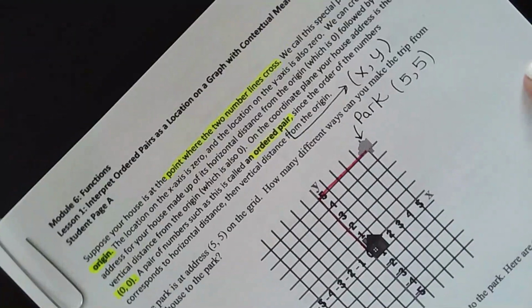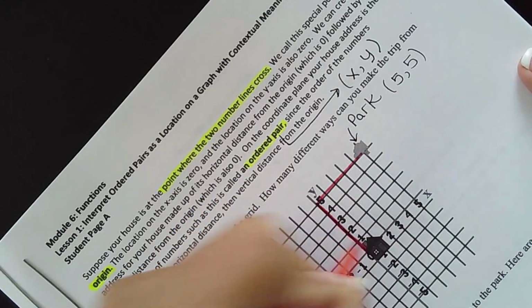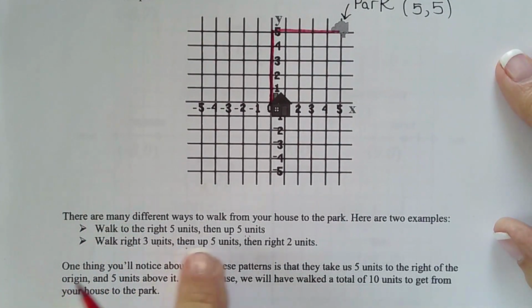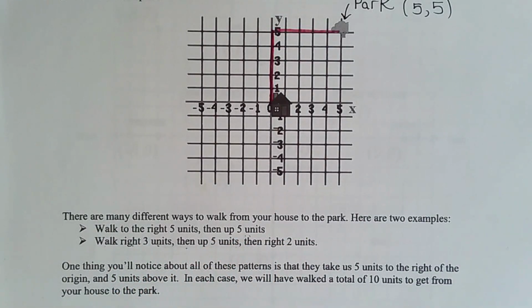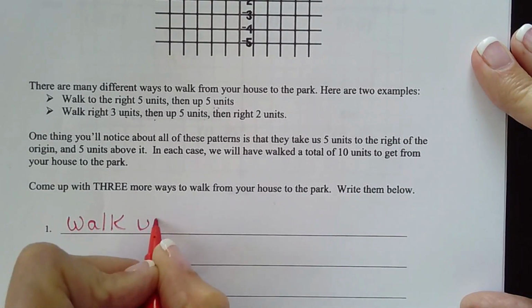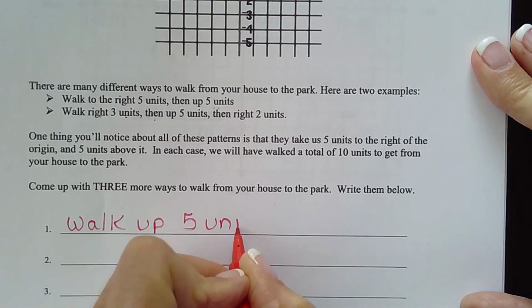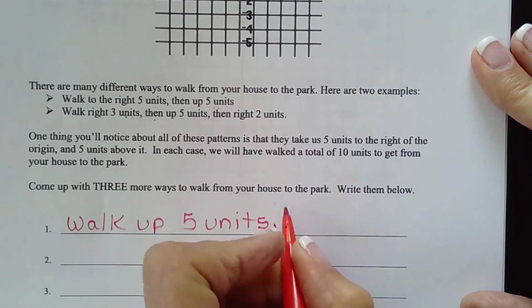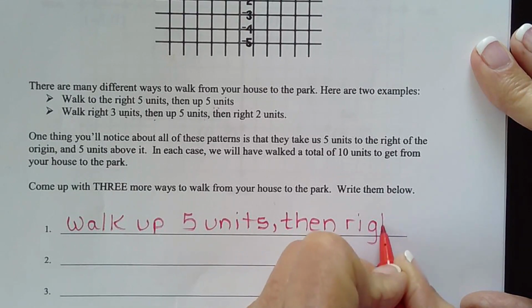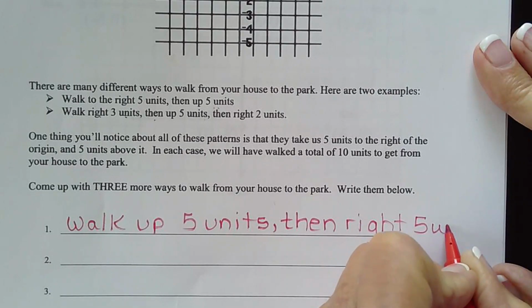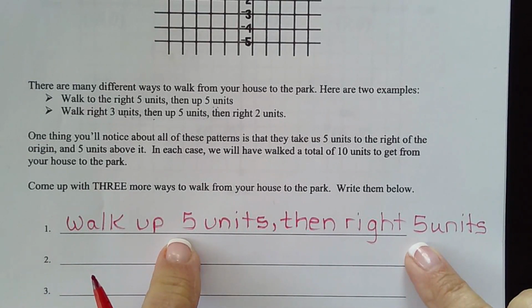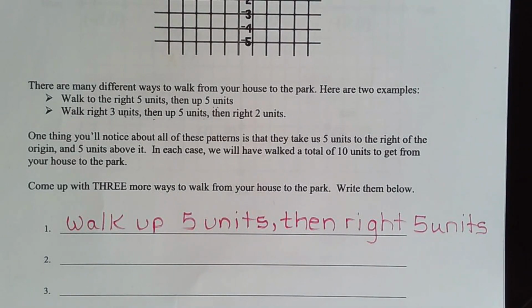In red, we'll say walk up 5 units and then walk right 5 units. And if you don't have the ones I have, that's fine. You can kind of tell if you did them right just by adding and making sure the numbers you have listed add to 10. And that tells you probably did it right then.